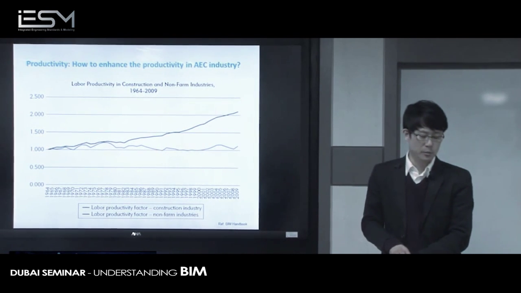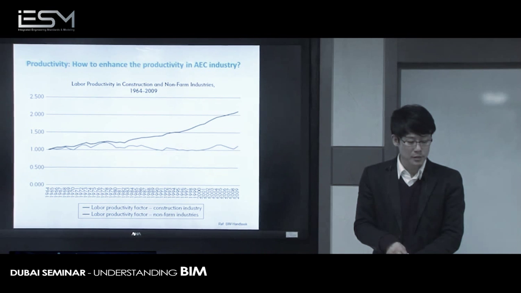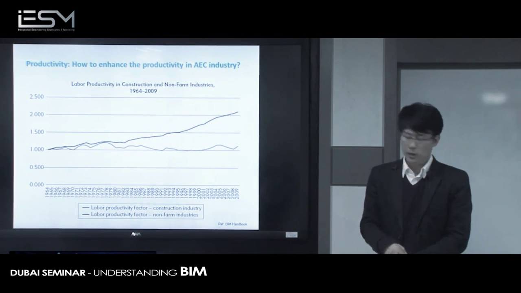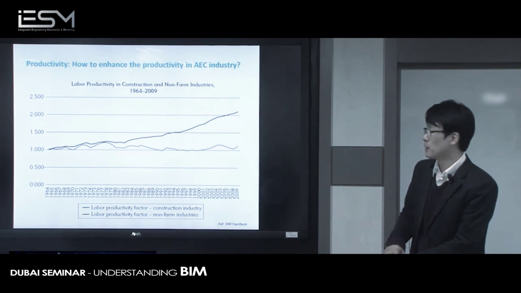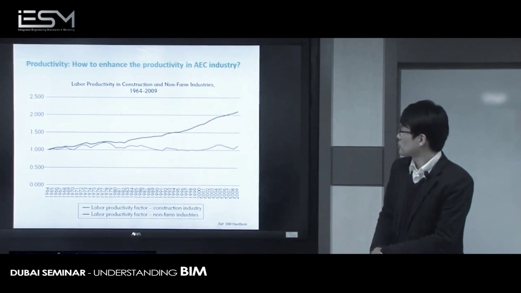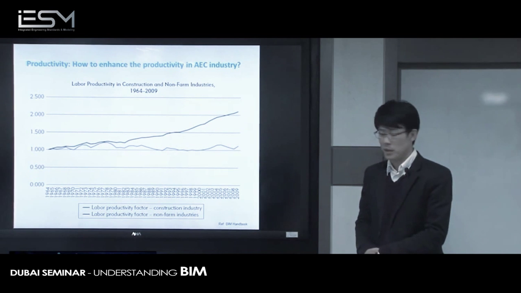Let's talk about some productivity issue. My question is how to enhance the productivity in the AEC FM industry. Let's take a look at this one. Reference BIM handbook, originally from Stanford. Labor productivity in construction and non-farm industry.